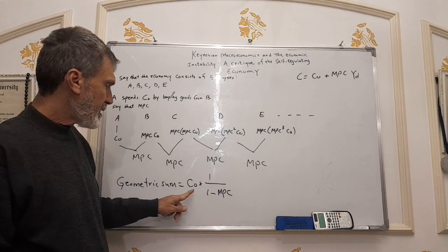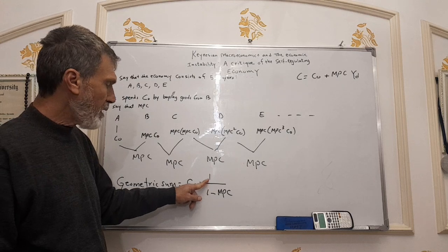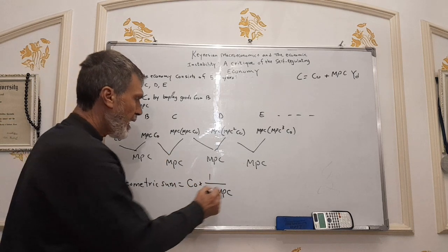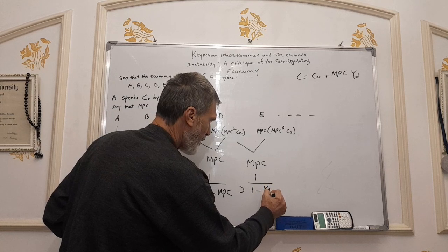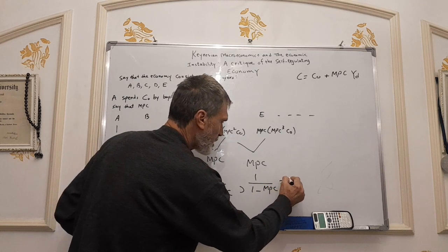C0 times 1 over 1 minus MPC. 1 over 1 minus MPC is the multiplier.